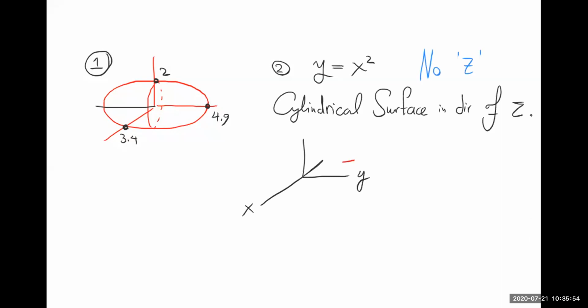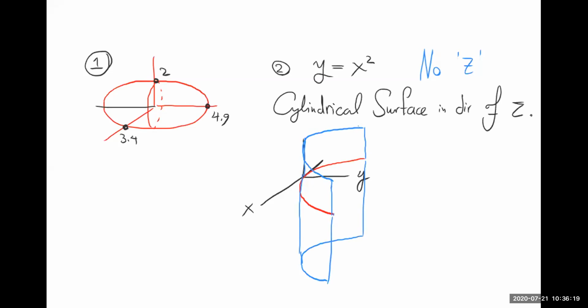It looks like this in the xy plane. And then we should consider the cylindrical surface in the direction of z. We can continue in both directions. It would be something like this, right?